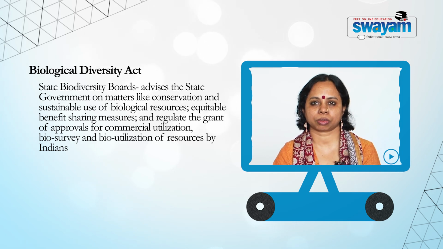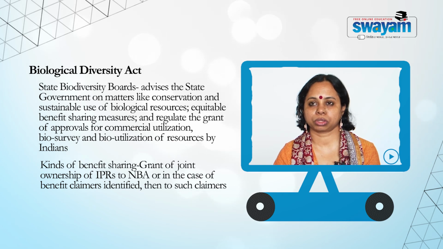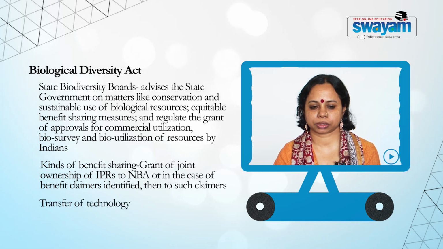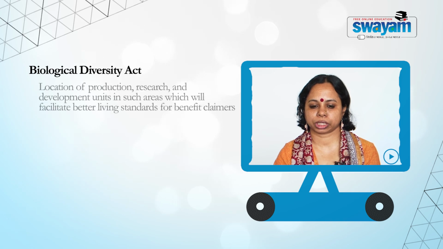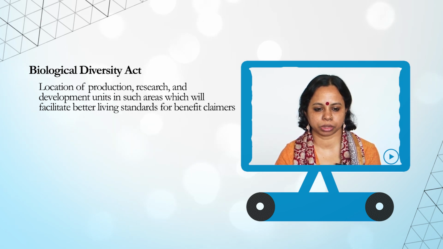Now, the Act provides for various kinds of benefit sharing, like a grant of joint ownership of the intellectual property rights to the National Biodiversity Authority or to the claimers, transfer of technology, or the location of production, research and development units in such areas which would facilitate better living standards for the claimers.